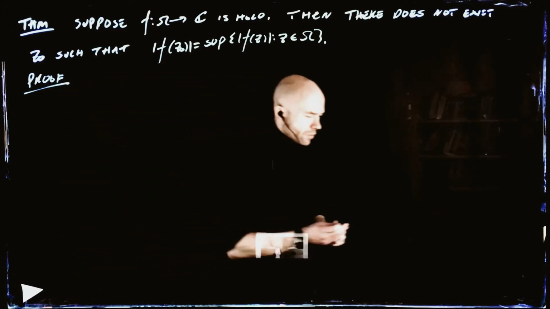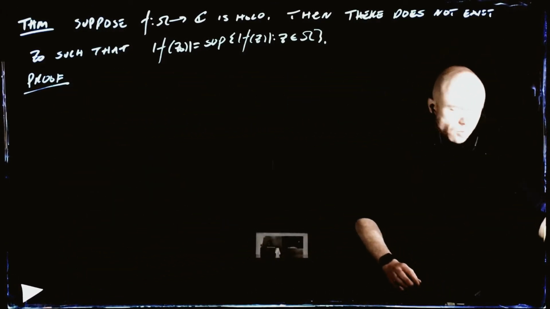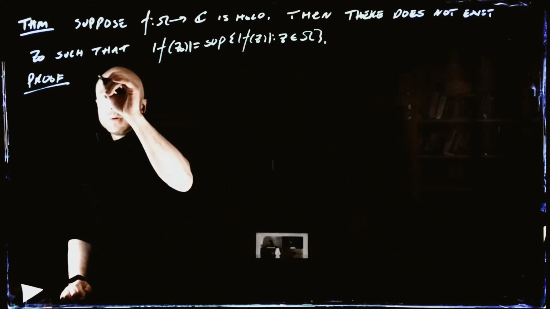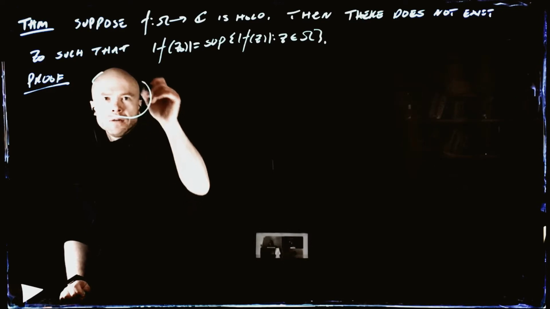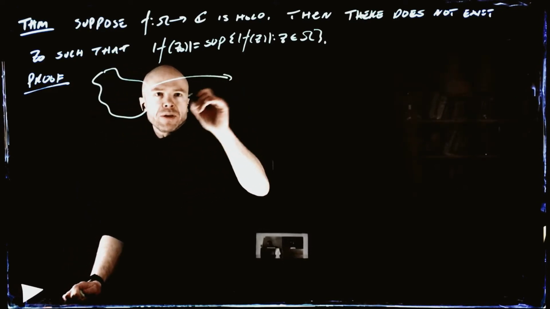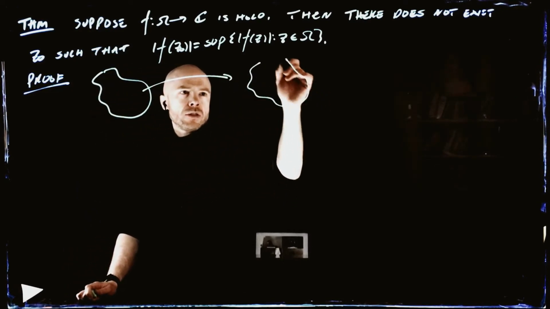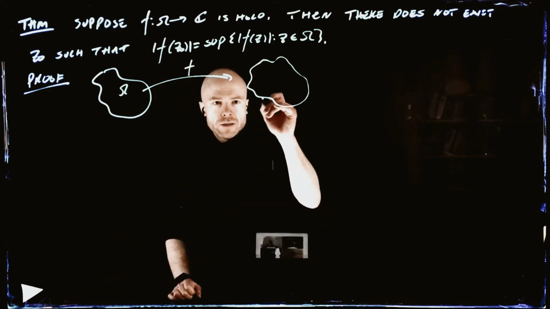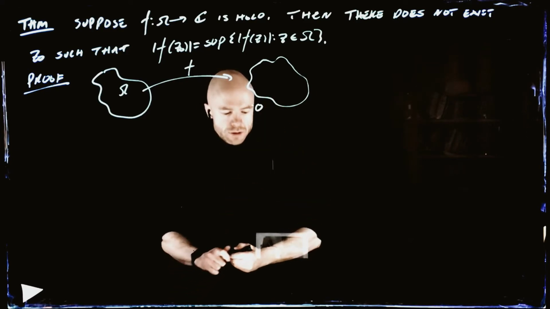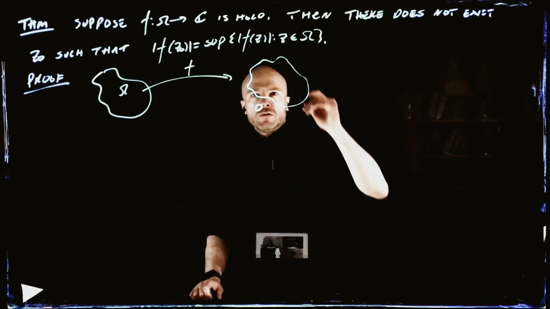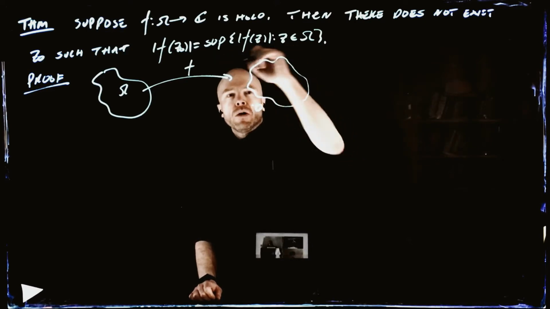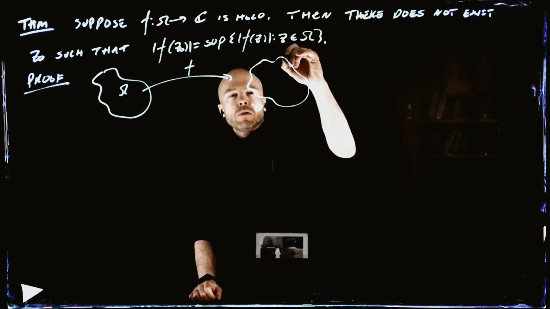All right. So tell me why that sounds like it should be true. Let's draw a picture. So we have a set omega. We are mapping it over here. Okay? So whatever 0 is, suppose 0 is here. Then on this picture, what would be the point that maximizes this quantity? It'd be like this point over here, right?